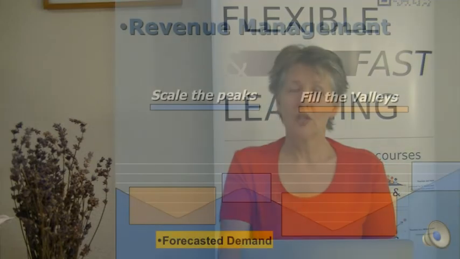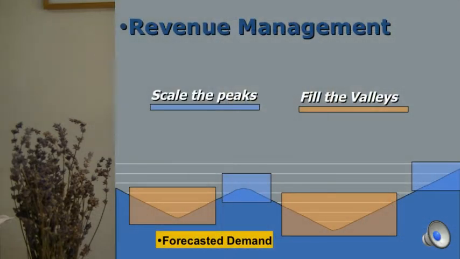So revenue management, we need to forecast demand. We need to think about when are our high demand periods, and then we use different offers and different types of products to actually smooth the demand, so to decrease the demand in those peaky times. But also, one very important aspect of revenue management that people often forget is that we also want to increase length of stay.